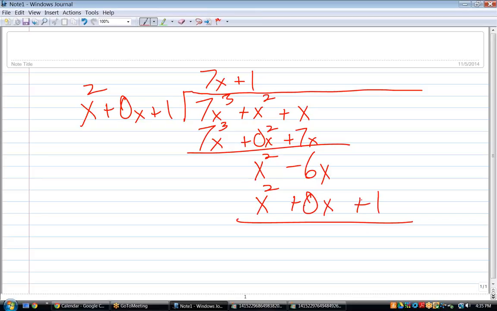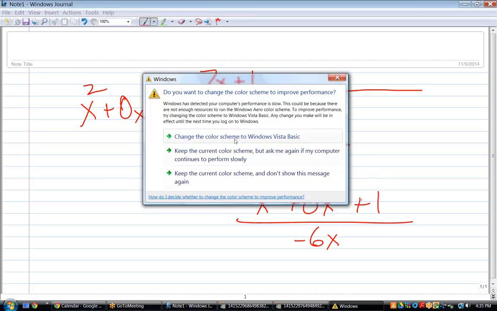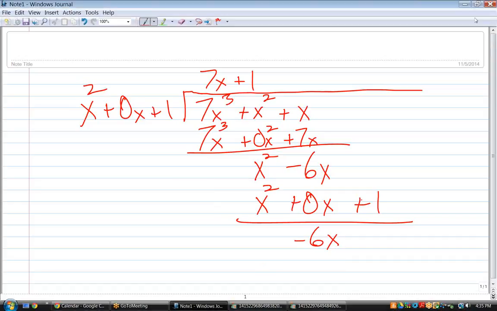Now minus 6x minus 0 is minus 6x. 0 minus a positive 1 is what? What goes down here? Minus 1. Yes, minus 1, exactly. And now, since you can no longer divide x squared into this, our answer is that with a remainder of minus 6x minus 1.